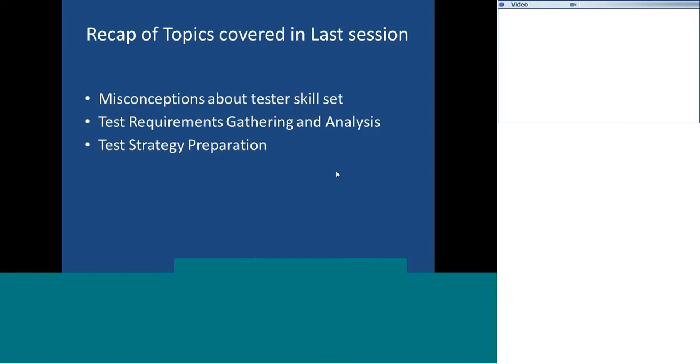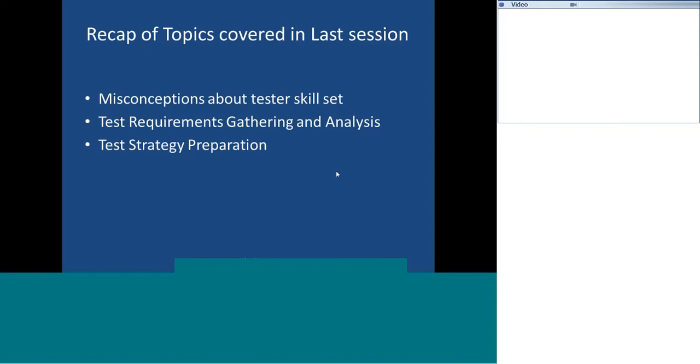And we also talk about the risk analysis, risk mitigation, and the risk appetite, that is, what amount of risk the team is ready to accept. So all these details will be tracked and drafted in a test strategy document.